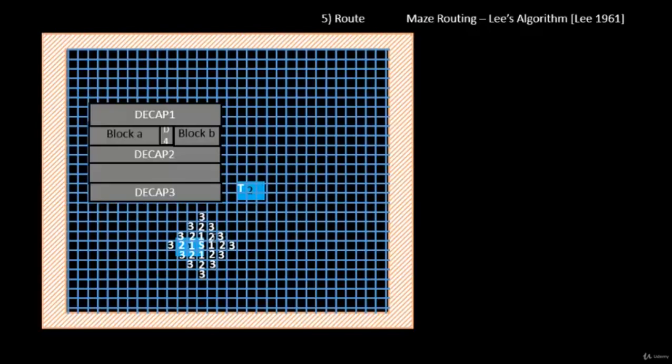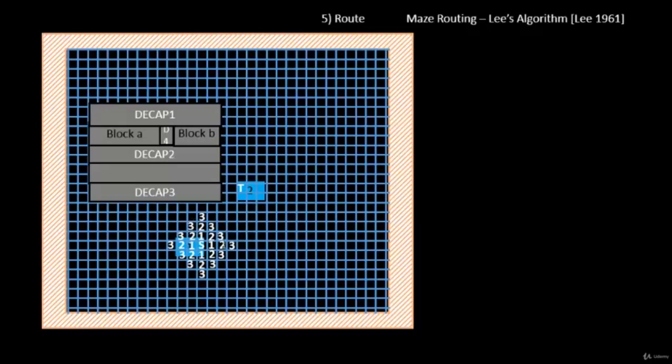For example, this 2 has 2 adjacent boxes, one is this one and one is this one. This is also adjacent, but it has already been labeled. So we have to find the next unlabeled adjacent box to label. The next adjacent unlabeled box for this 2 was this one, and it has been labeled as 3, and this grid box which is again adjacent to 2 is now labeled as 3.